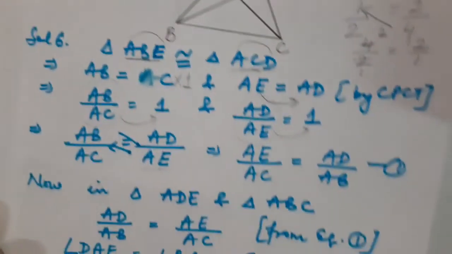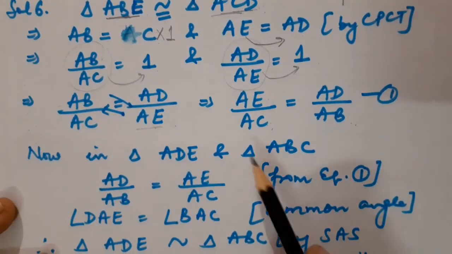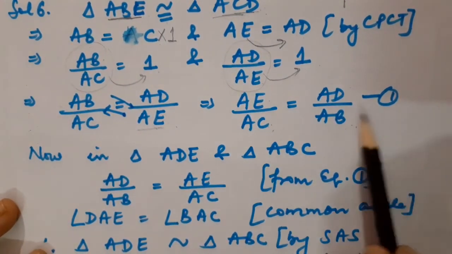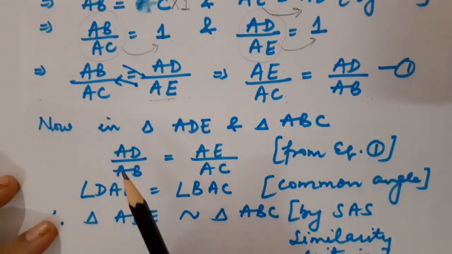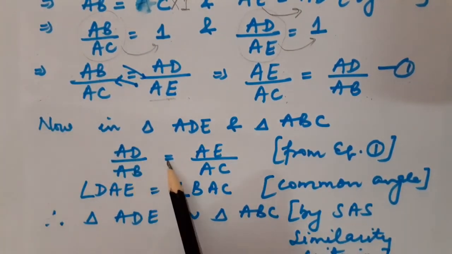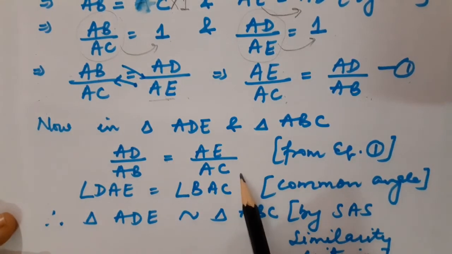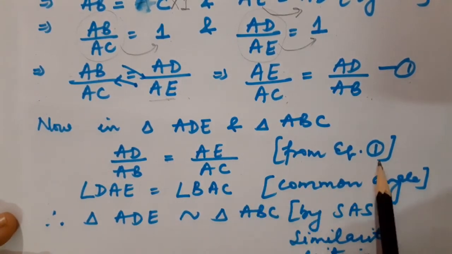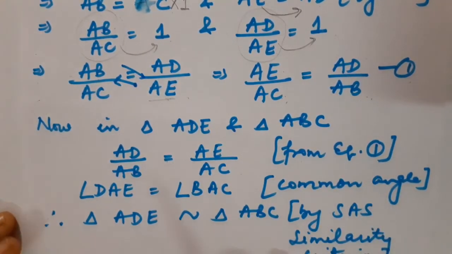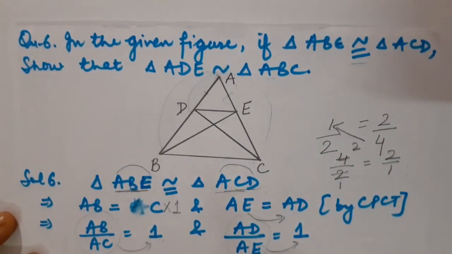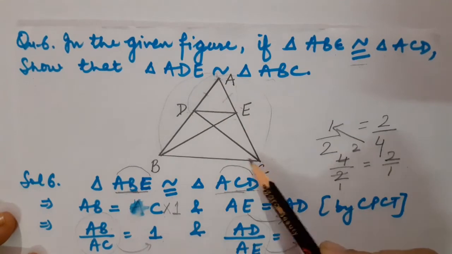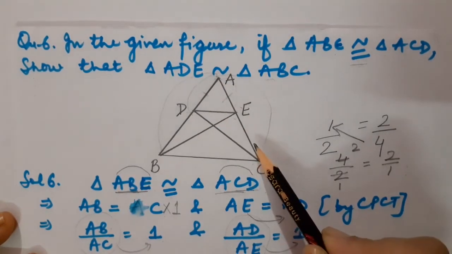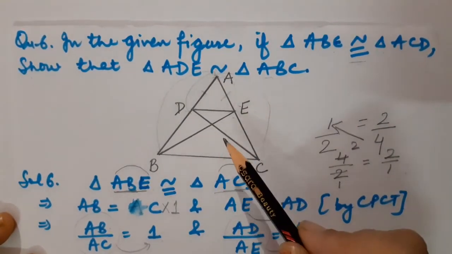First of all I am going to use the same condition which I have just solved right now. Let it be equation number 1. So it would become AD upon AB is equal to AE upon AC, that is from equation number 1. Now children, notice one thing. In triangle ADE and triangle ABC, which one is the common angle?